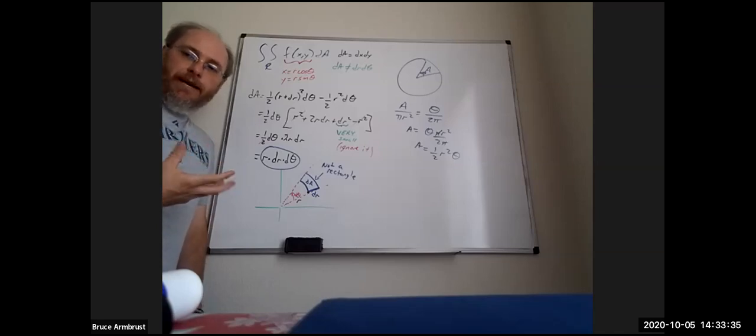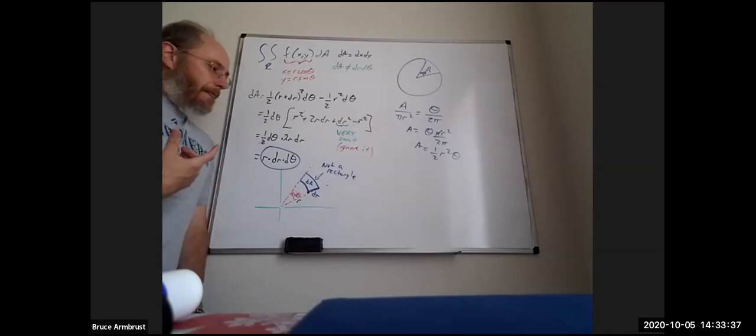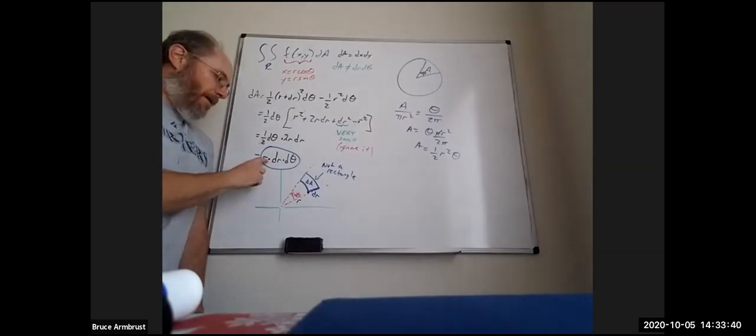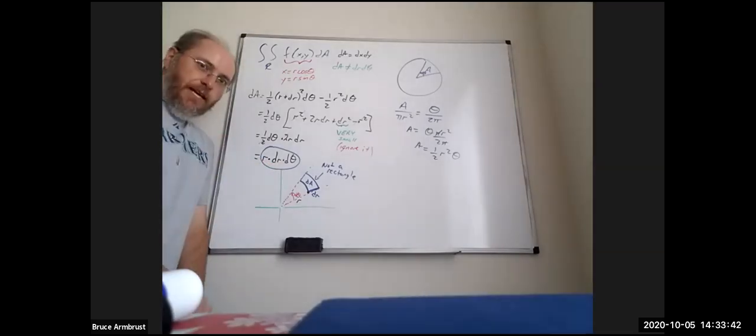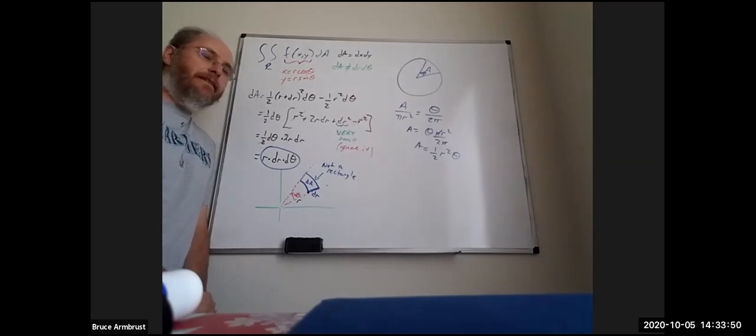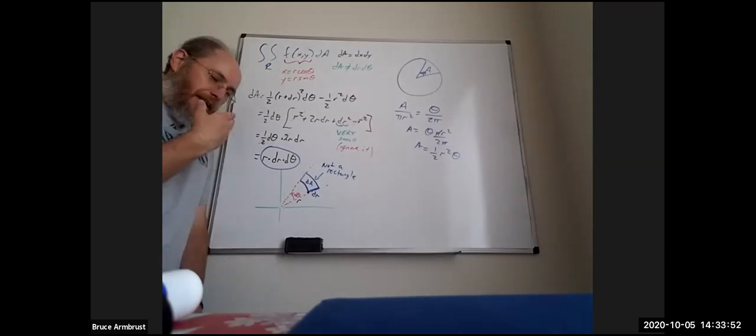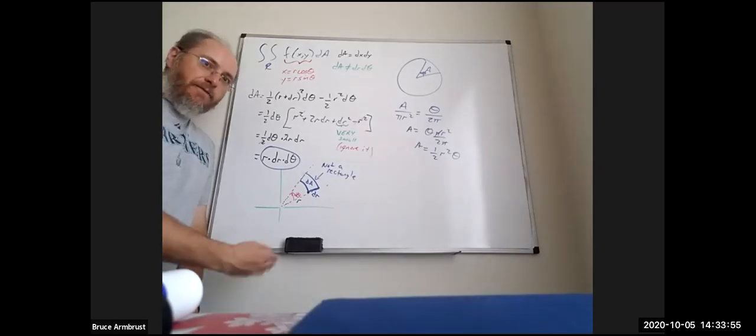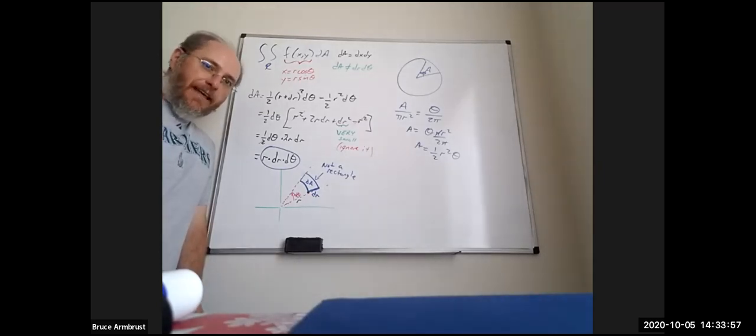So we don't have time to actually do any right now because we're almost out of time for today. But I do want to give you one way to help remember what we put in. And this is definitely silly. This is a Bruce thing for sure. For those of you who know me, you're going to go, yeah, this is not right. For those who don't know me, you're starting to figure it out. But here's what I always say. When you convert to polar, don't forget that you have to stop like a pirate.